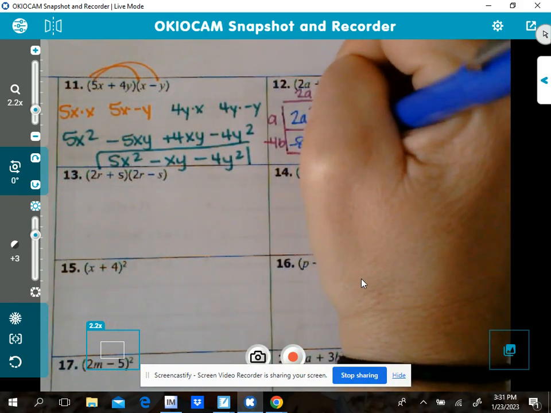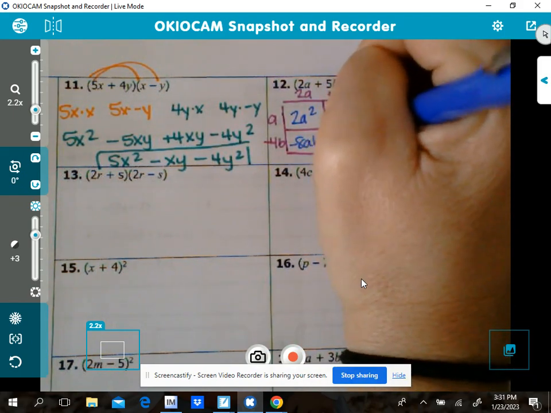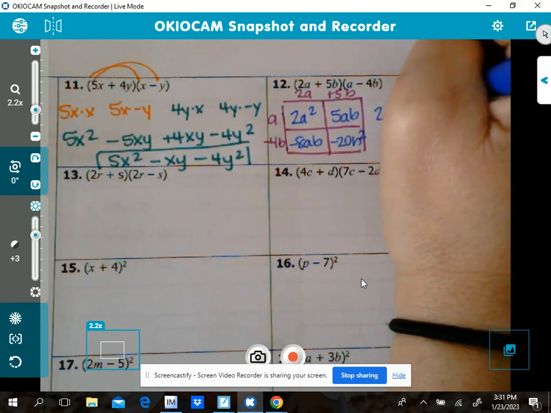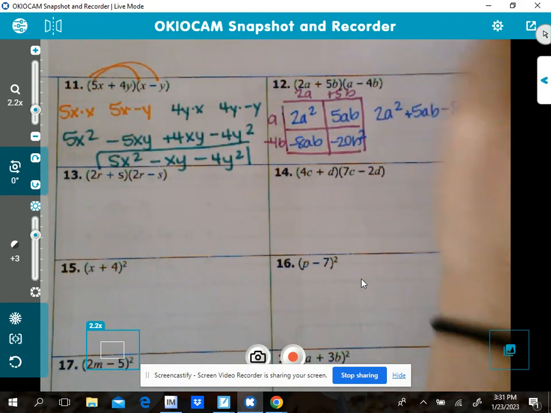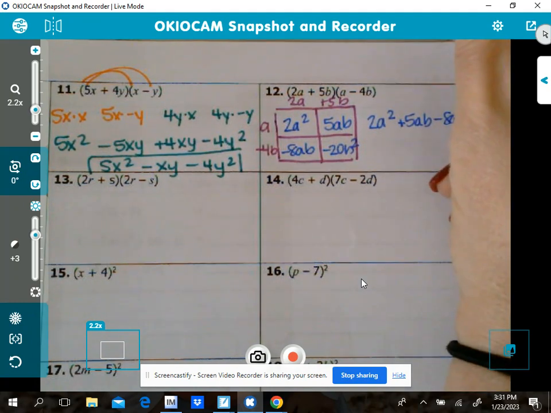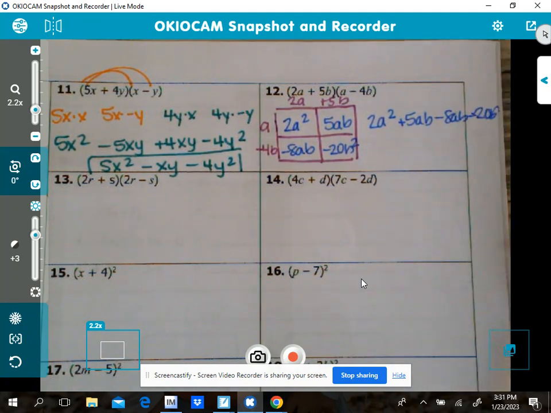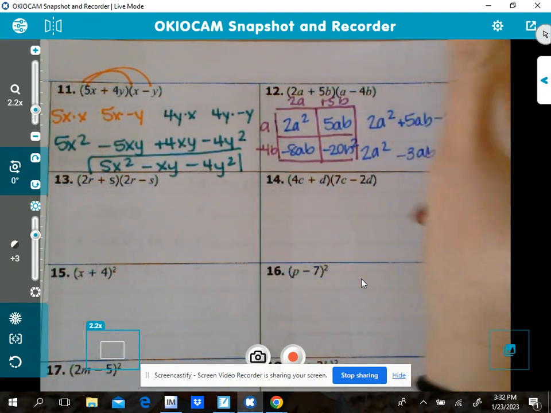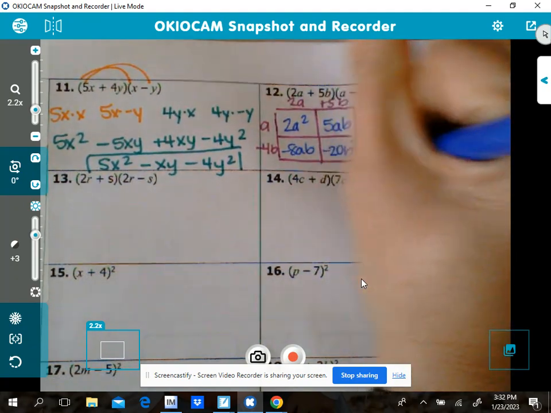And 5 times negative 4 is negative 20b squared. So 2a squared plus 5ab minus 8ab minus 20b squared, running out of room. So that's 2a squared minus 3ab minus 20b squared.